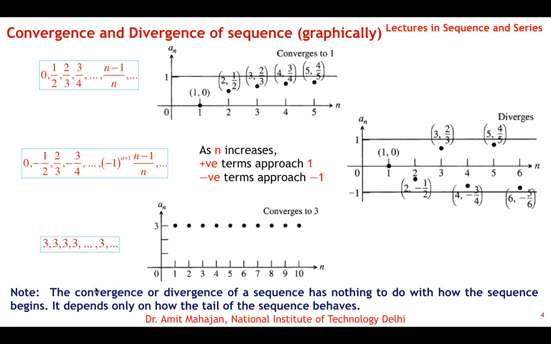Okay, so what's important here is that the convergence or divergence of a sequence has nothing to do with how the sequence begins. Whatever way it begins, the important part is how it behaves when n becomes large. So it depends only on how the tail of the sequence behaves, what happens when n keeps on increasing and becomes too large.